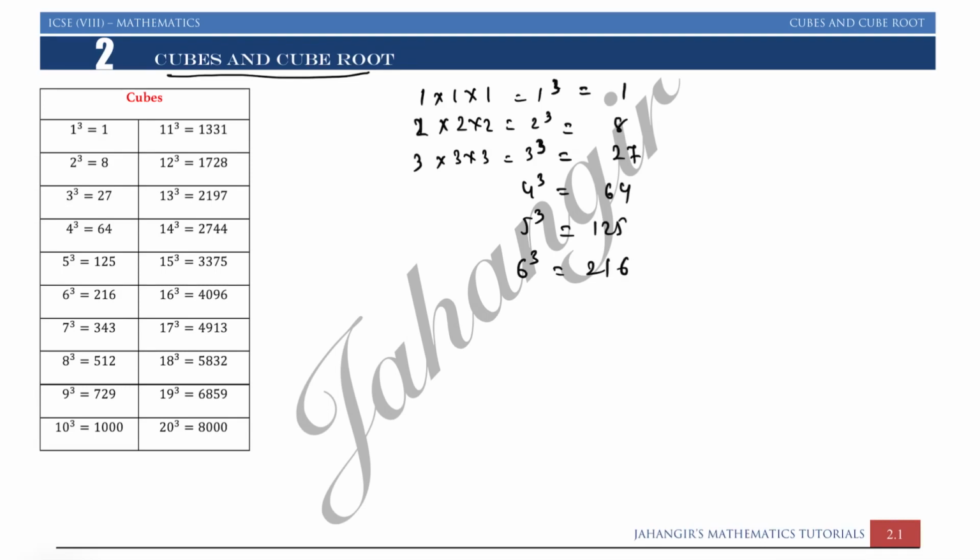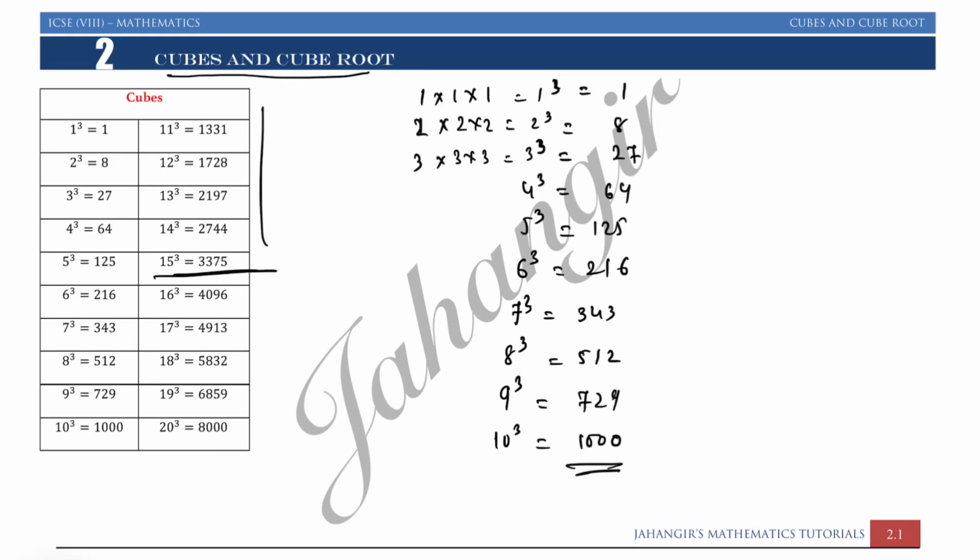At least 1 to 10 cubes you should know. 7 cube is 343, 8 cube is 512, 9 cube is 729, and 10 cube is 1000. Okay, 11 cube is 1331 that you have to remember. Just keep it in mind, all cubes up to at least 15. Okay, write it down this 15 cubes and learn.